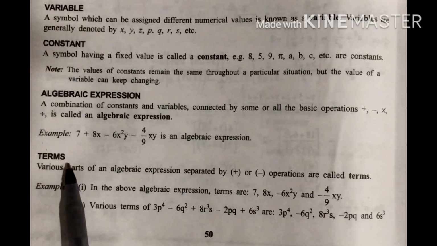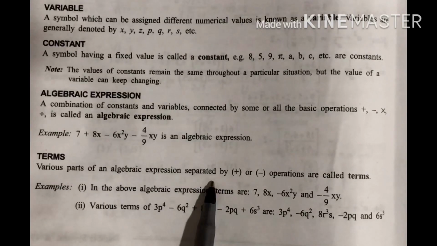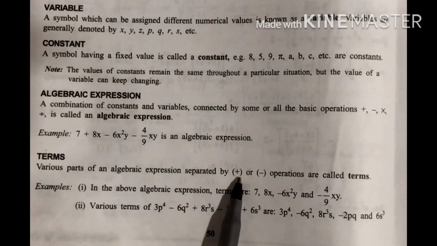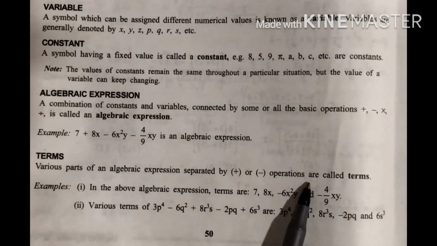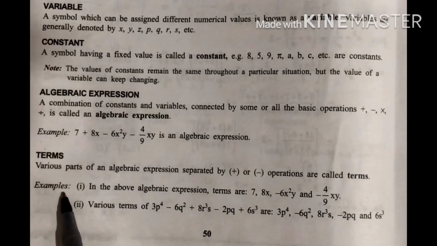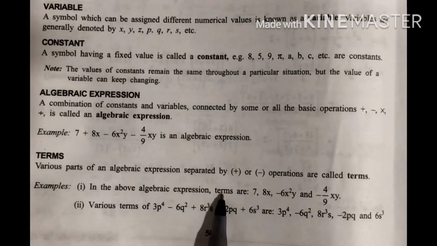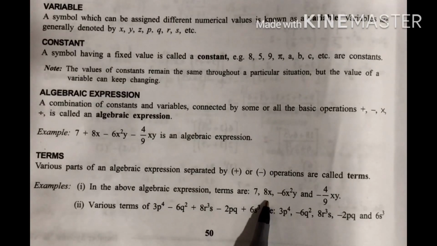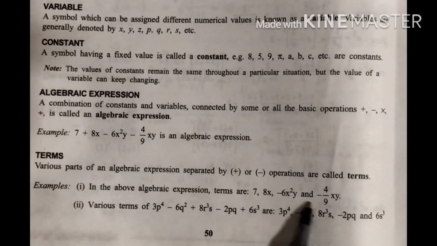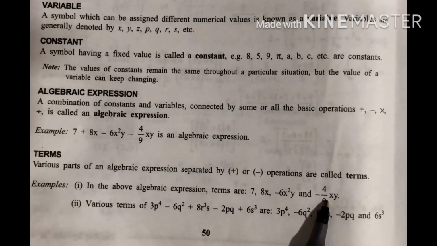Now we see terms. Various parts of an algebraic expression separated by plus or minus operations are called terms. Examples. First one: in the above algebraic expression, the terms are 7, 8x, -6x²y and -4/(9xy).